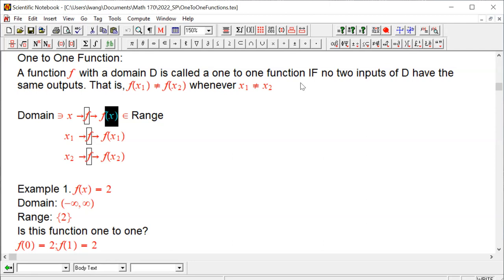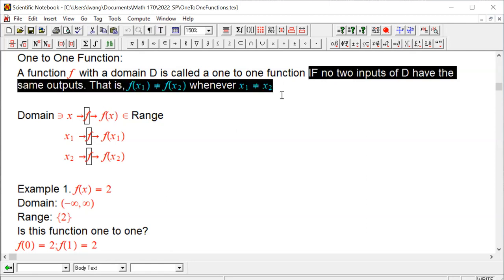Now, if this function is also called a one-to-one function, we have an additional requirement. The additional requirement says that no two inputs of the domain have the same output.